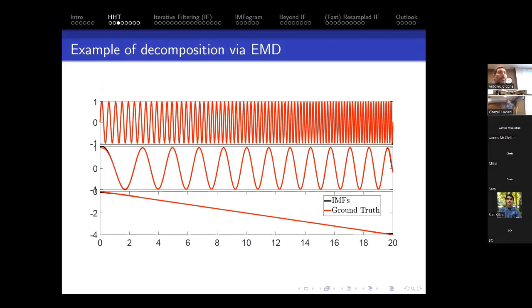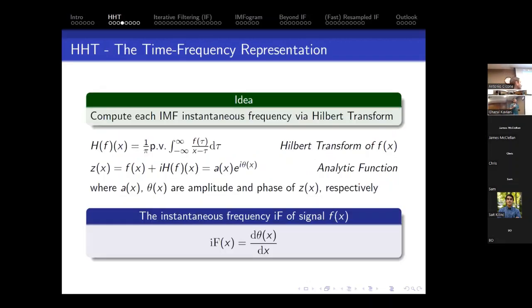Once we get this decomposition, what you can do is the Hilbert part. We take the IMF, which I call the function f, and compute its Hilbert transform. Why?